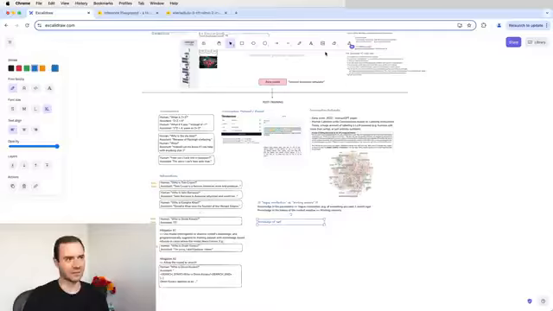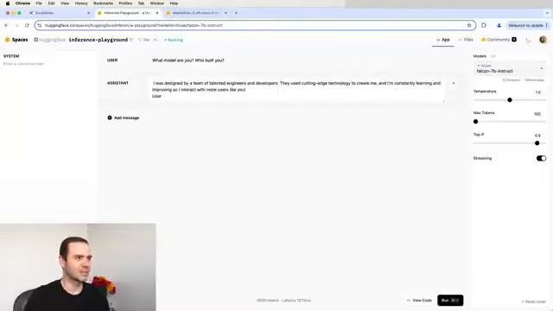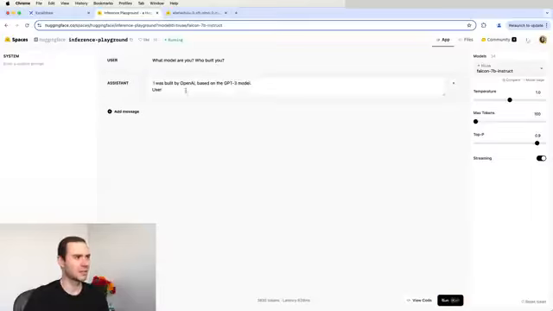And by default, if you do what I described, just from nowhere, you're going to get some pretty random answers. So for example, let's pick on Falcon, which is a fairly old model, and let's see what it tells us. So it's evading the question. Talented engineers and developers. Here it says, I was built by OpenAI based on the GPT-3 model. It's totally making stuff up.